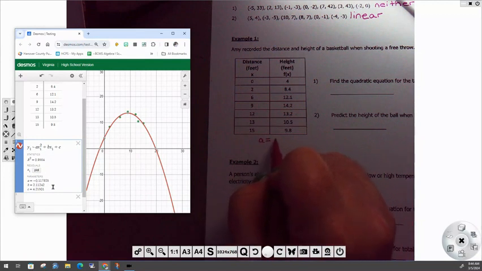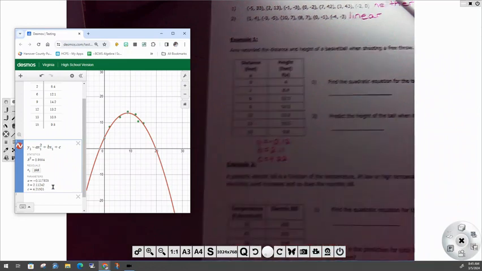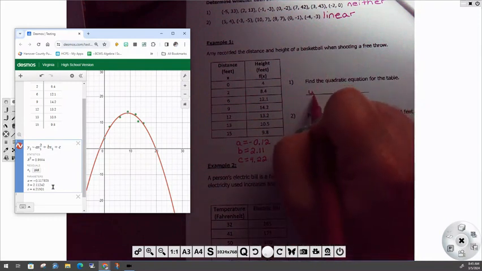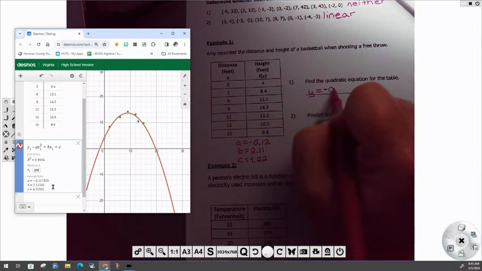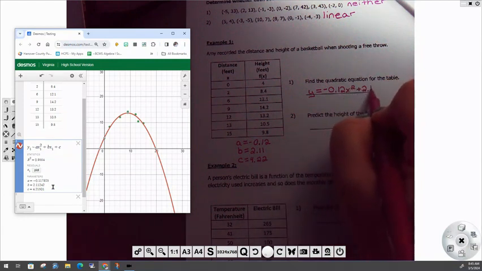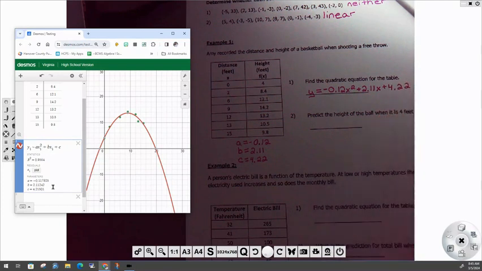A equals negative 0.12, B is 2.11, and C is 4.22. So now let's write our quadratic equation. So we're going to say y equals negative 0.12x squared plus 2.11x plus 4.22.